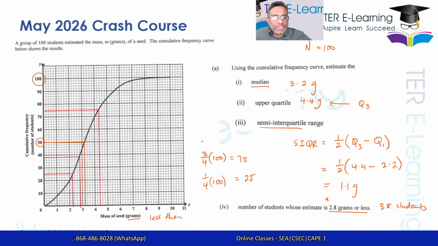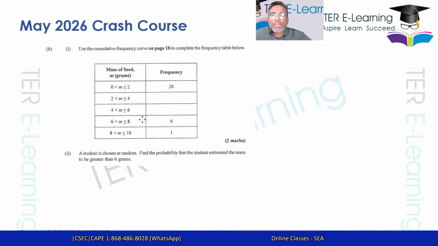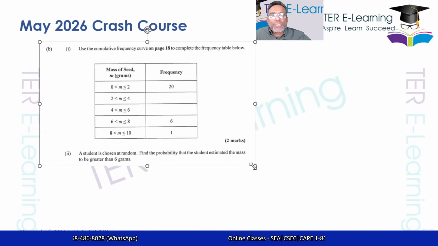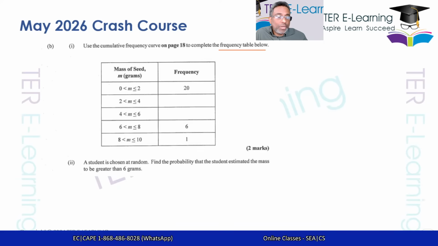Now the next part is a part that tends to give students a little trouble. They said use the cumulative frequency curve on page 8 to complete the frequency table. CSEC has brought a question like this on more than one occasion, and students have had some trouble with it.